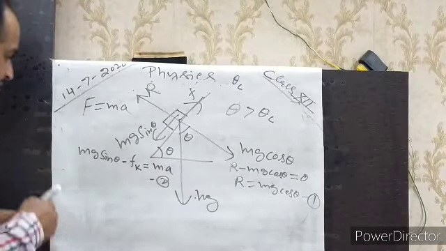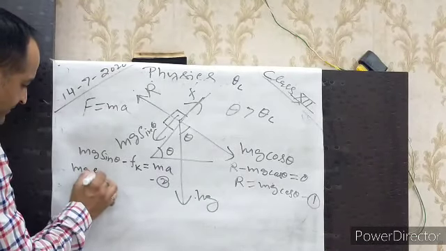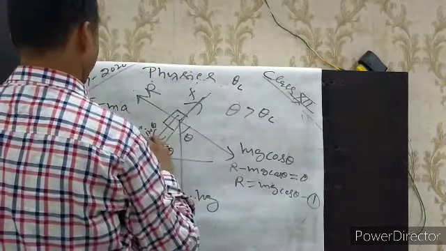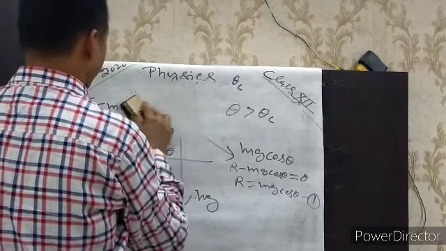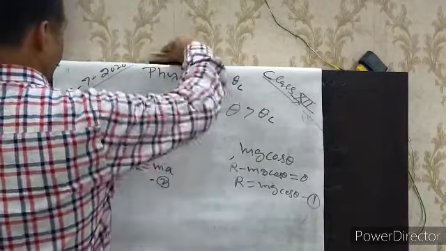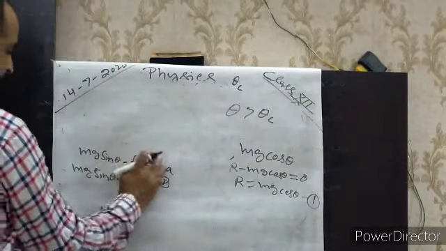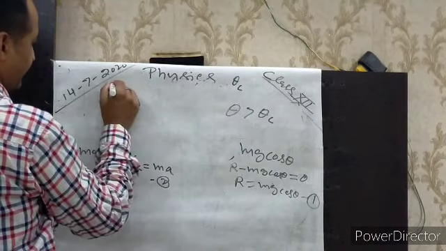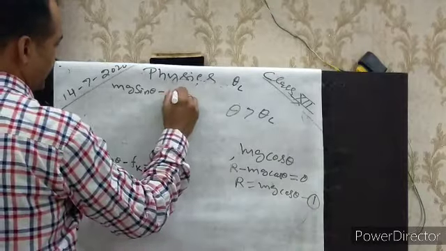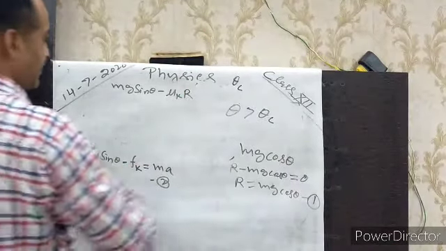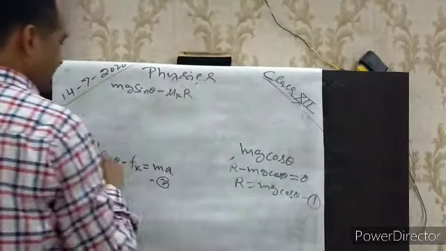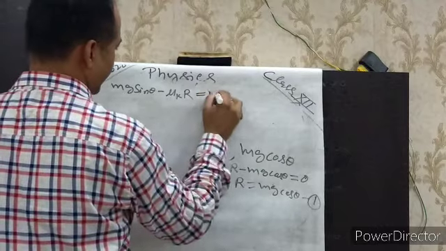Fk is mu k R. Then mg sin theta minus Fk, which is mu k R, is equal to ma.